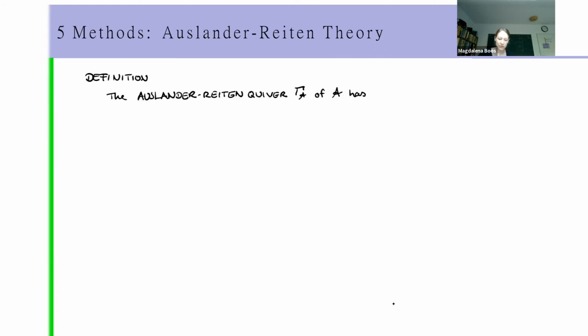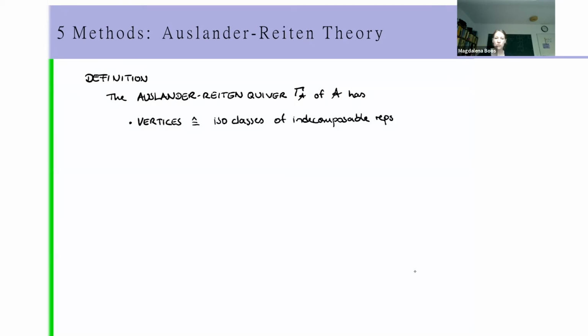The main ingredient is the Auslander-Reiten quiver. It's again a quiver, and it's called gamma A. It belongs to the algebra, or the quiver with relations. And since this is a quiver, we have to say what the vertices are. The vertices are isoclasses of indecomposables. So the vertices are what we want to understand.